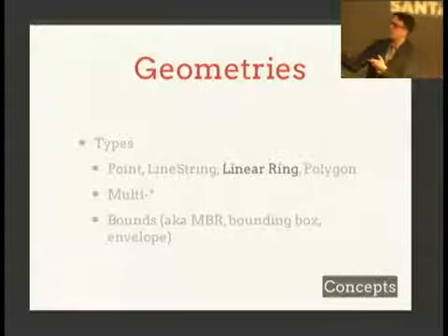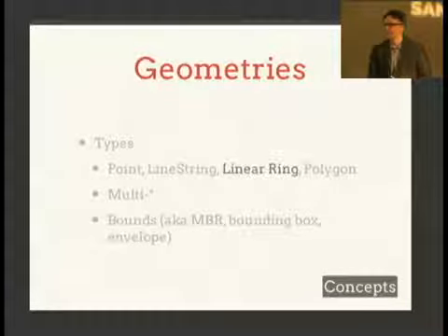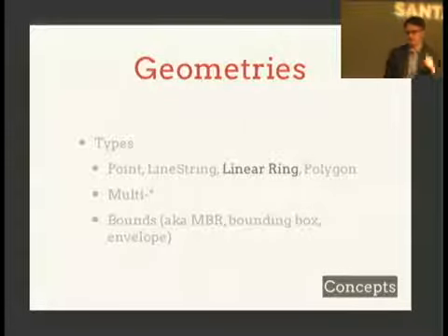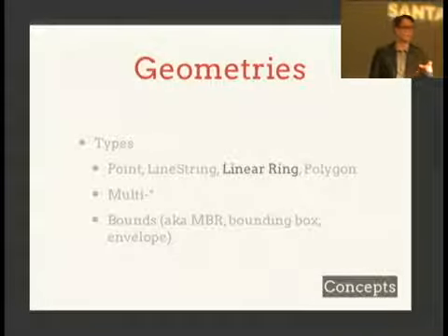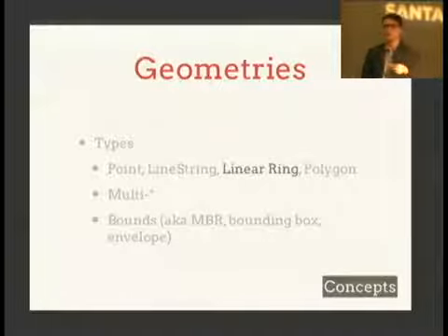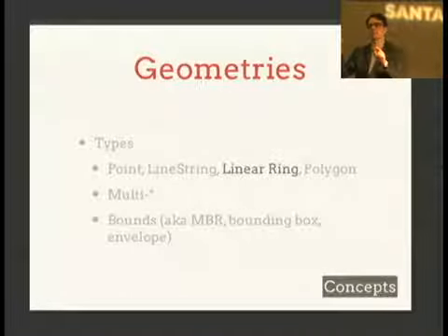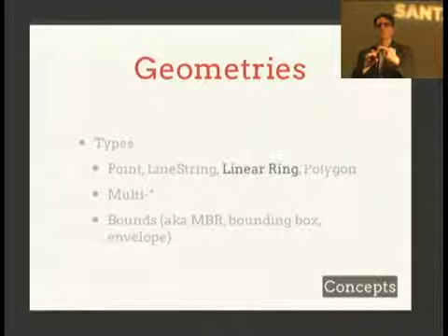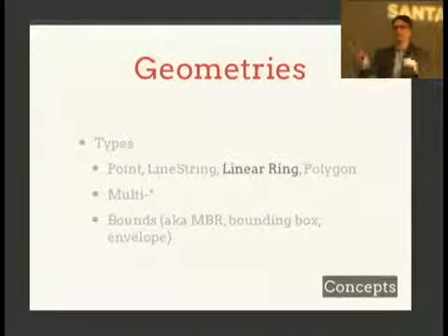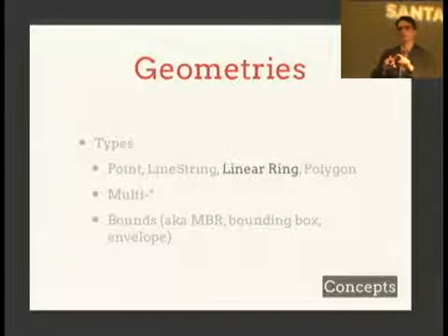And there's kind of a fourth one of the fundamental types that I throw out there because it's important: a linear ring. It's a form of the line string, or line, where the last point, the n-1 point, is identical to the 0 point, or the first point. And that just defines a closed line string.